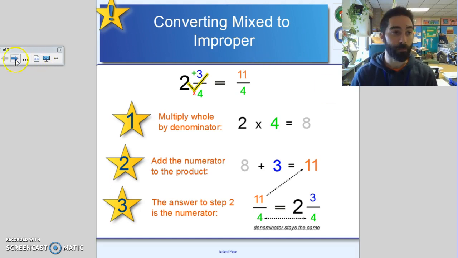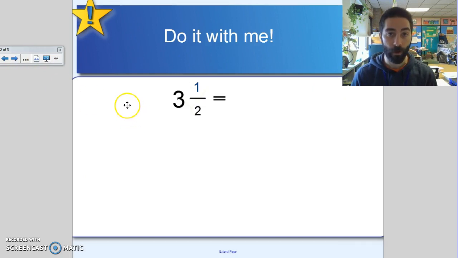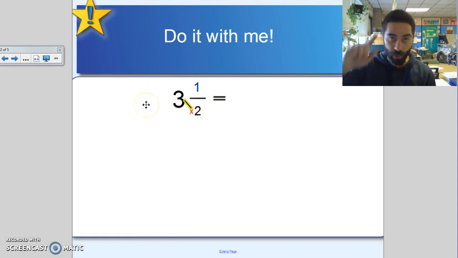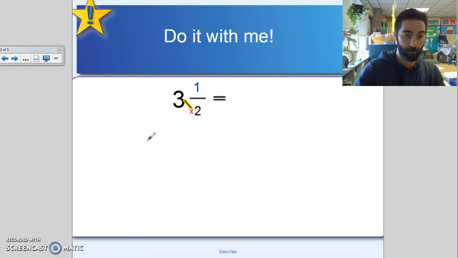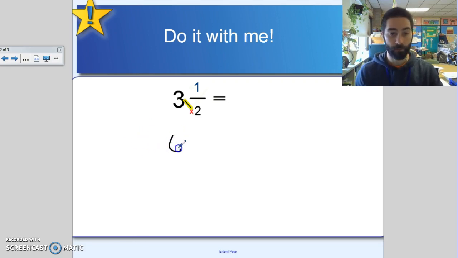Every single one of these pages is going to be a note page. All right, so now do this with me. So first, we do the whole number times the denominator, part of the check mark of fractions. So we do 3 times 2, and that 3 times 2 gives us 6.